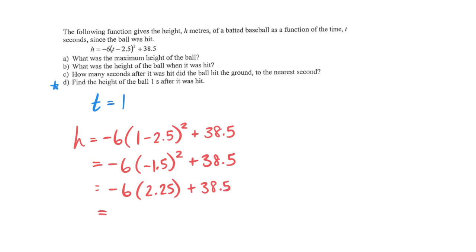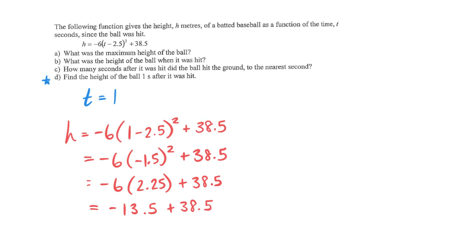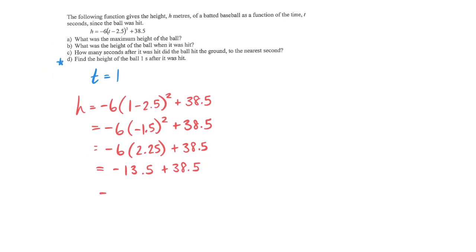Now when I multiply that by negative 6, that's going to give me negative 13.5. And now when I collect that whole thing together, that gets me to 25, and I'm talking about meters for units. Okay, there we go. Hopefully not too bad.